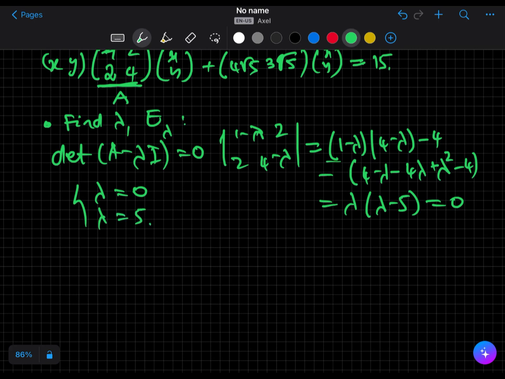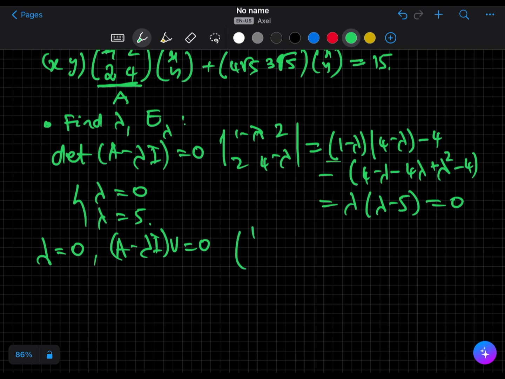Lambda equals to 5 and lambda equals to 0. So we have two eigenvalues. Therefore, finding the corresponding eigenvectors for lambda equals to 0, what will we have? We have to solve this equation times v equal to 0, where v is an eigenvector.